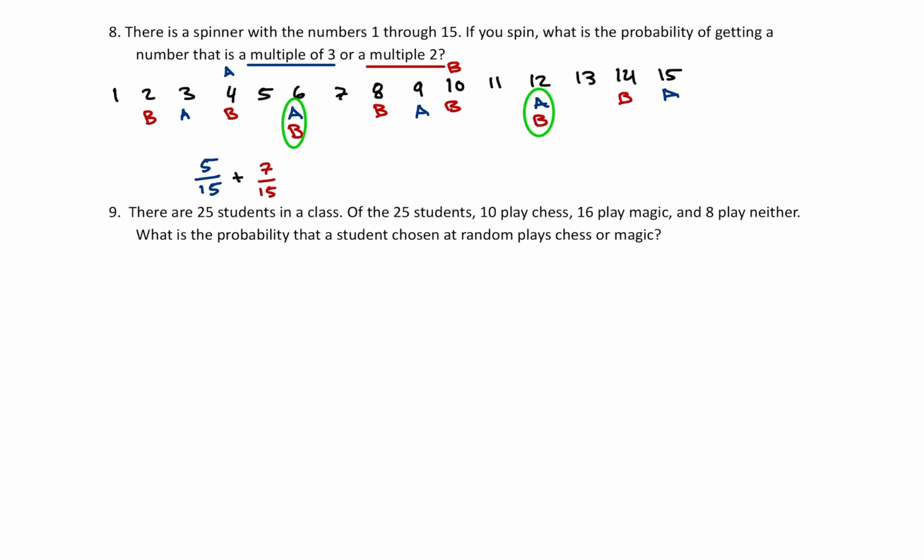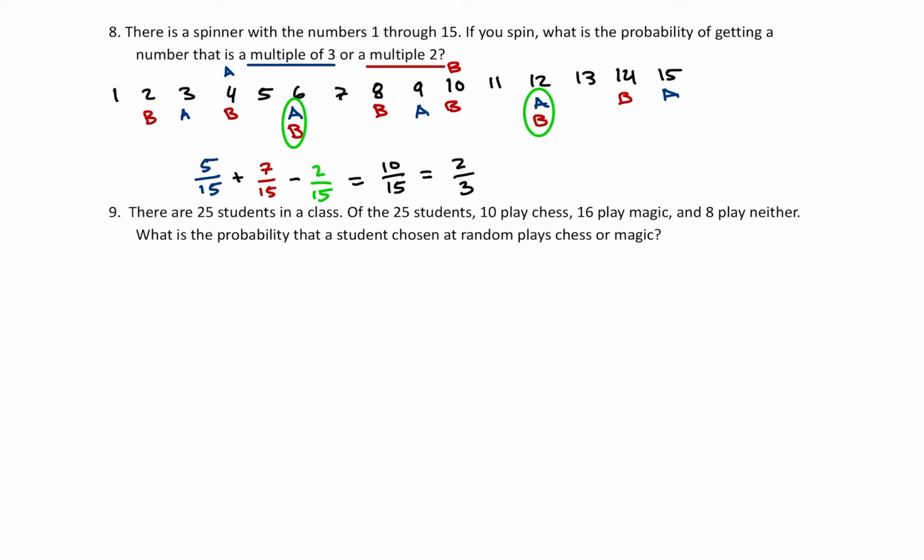So I have to come down here and I have to subtract 2 out of my 15, okay? So 5 plus 7 minus 2 gives me 10 out of 15, or if we simplify that, 2 out of 3 as my probability.